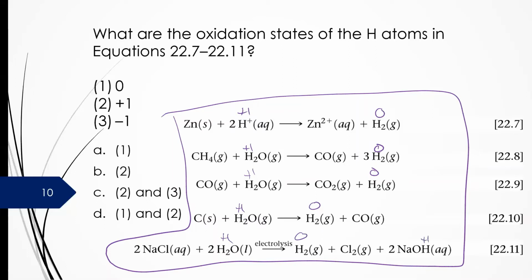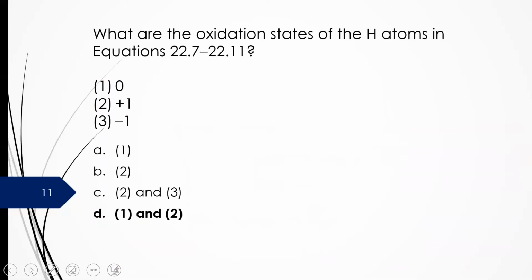This one is also a +1. And so it looks like the only options we have are both +1 and 0. So we're looking at D. You can see here that we don't have any of those hydrides, right? We don't have any where we're partnering that hydrogen with our metal in order to make it a -1. And that's more chemistry that we're more familiar with.